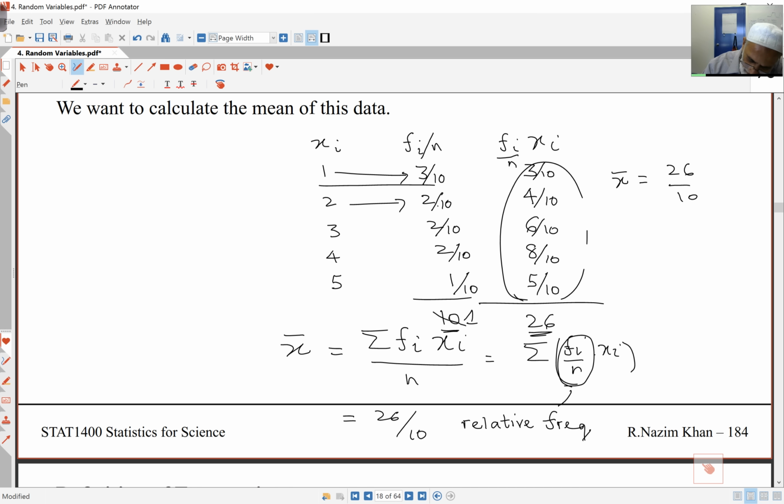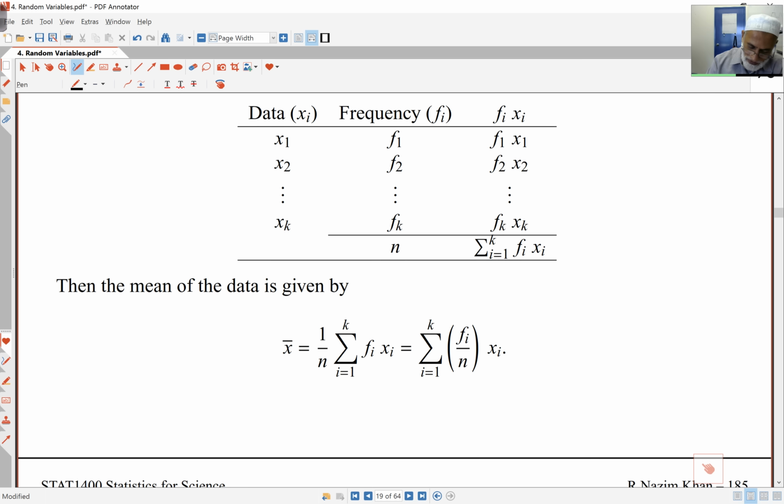So these fi over n are the relative frequencies, and they are all bigger than or equal to 0, and they add to 1. So they actually behave exactly the same as probabilities. They are all bigger than or equal to 0, they add to 1, and the way I find the mean of the data here is multiply these relative frequencies, which are like probabilities, with the data value and add them all up. So I can use the same idea with random variables.